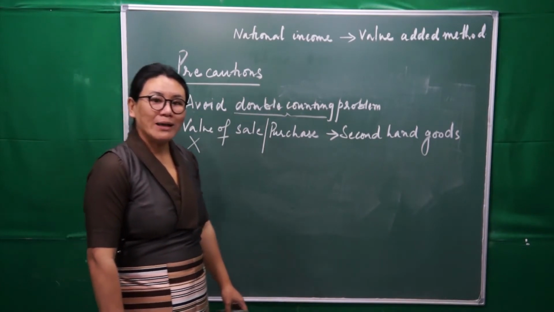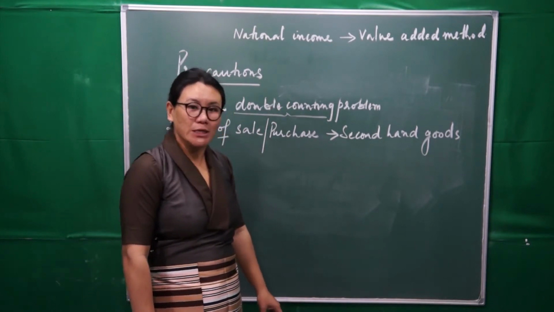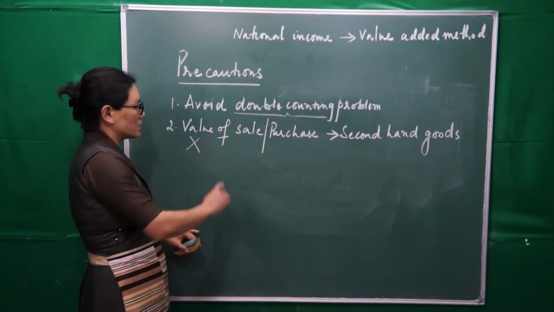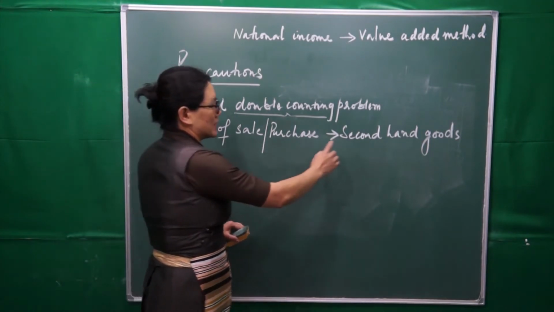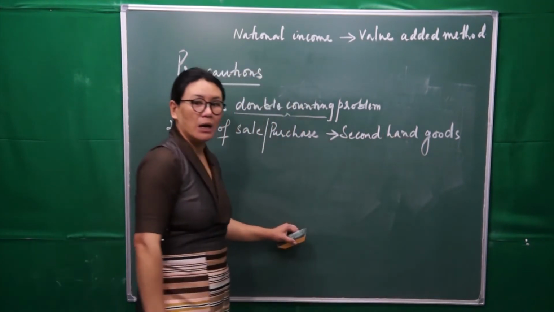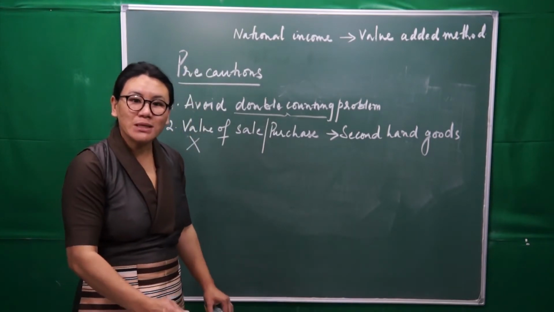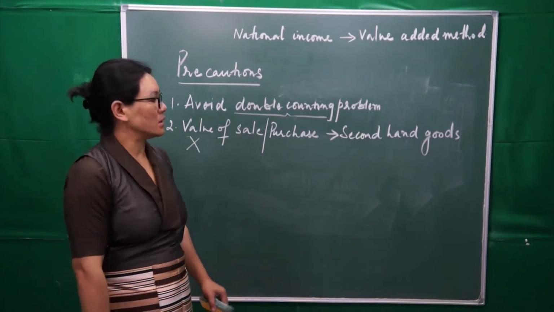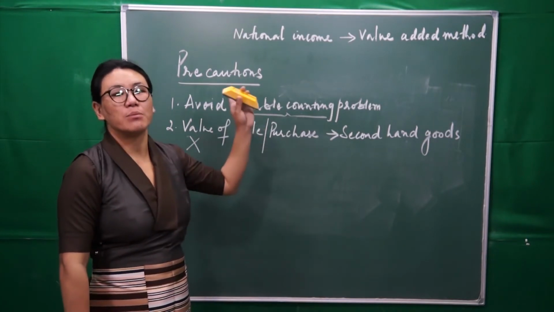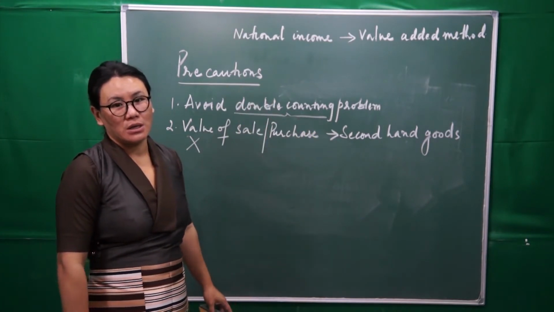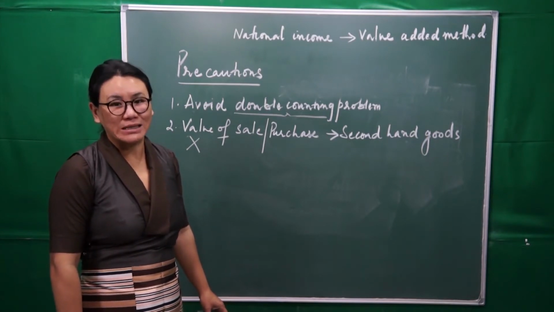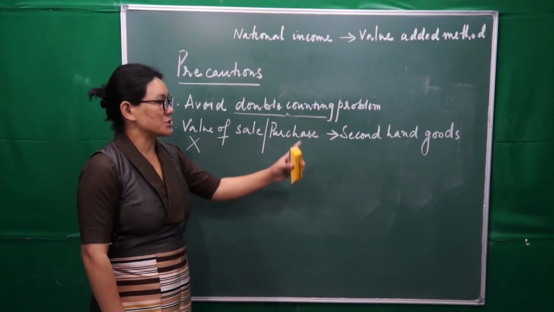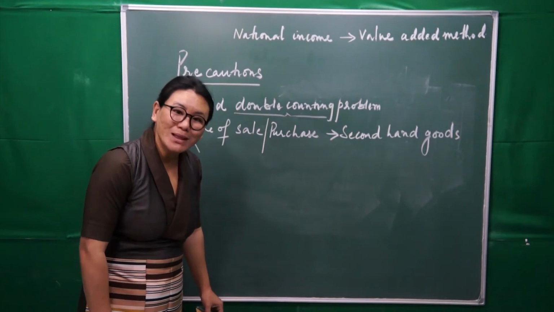Now, why is this not included here? Because the value of such goods is already accounted for in the year in which they were produced. If we take up the value of such things again, then what will happen?